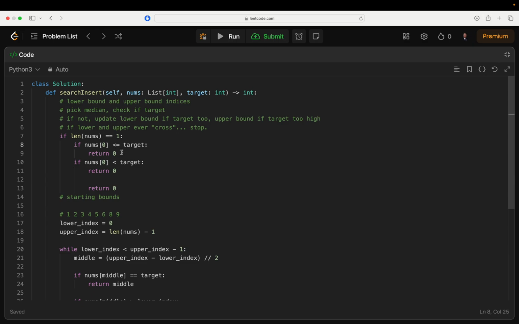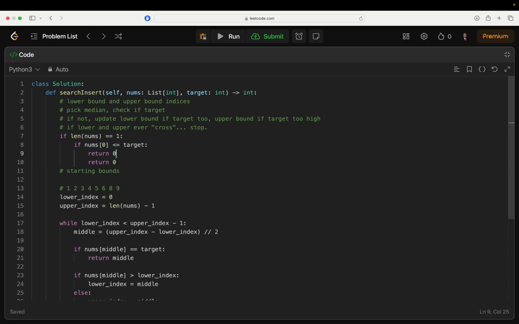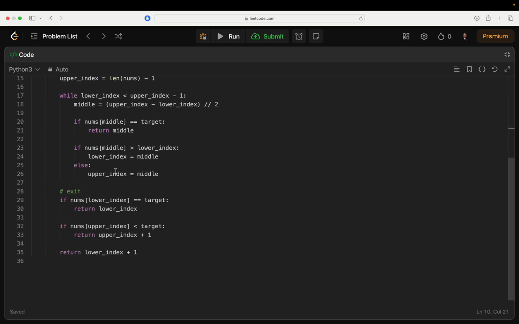Okay, I guess it could be less than or equal to target, because if it's not in there, you'd still return 0, and otherwise you'd return 1. Okay. Oh, this is getting ugly. I apologize. I try to write cleaner code. Let's just run it. Oh gosh, I'm sorry, I didn't mean to swear.